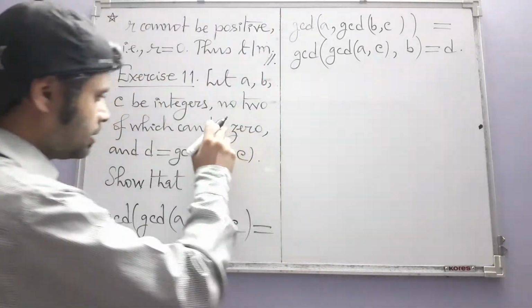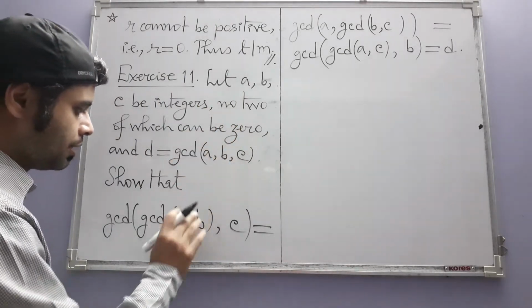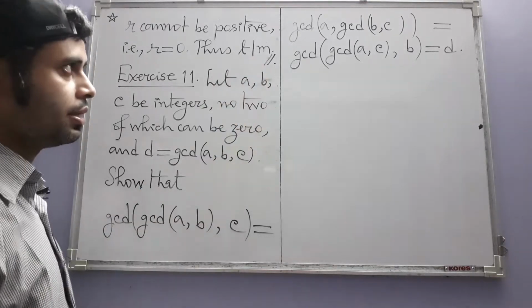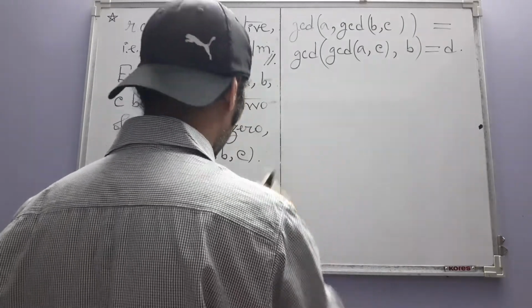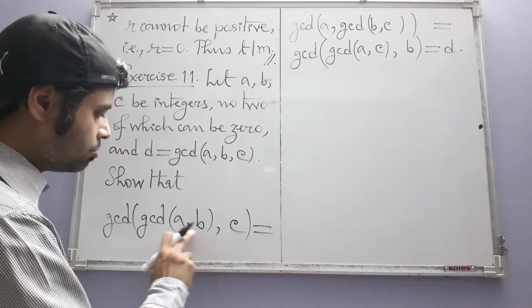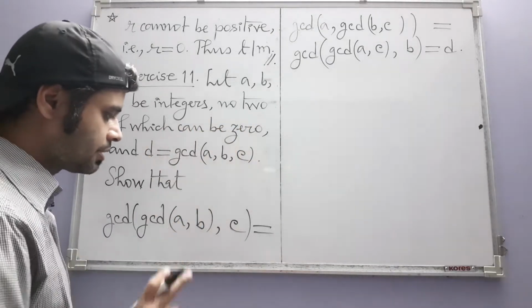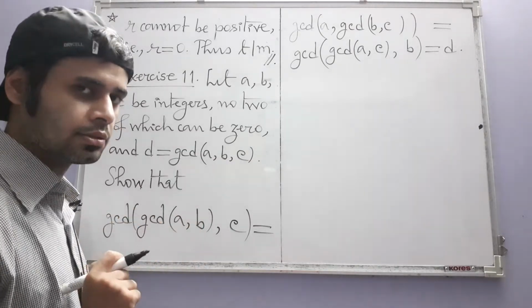And this condition you can of course understand. This condition has been given to make sure that these GCDs exist. We do not have any case in which two of them can be 0. That's why it has been mentioned that two of them cannot be simultaneously 0, so that their GCD exists.